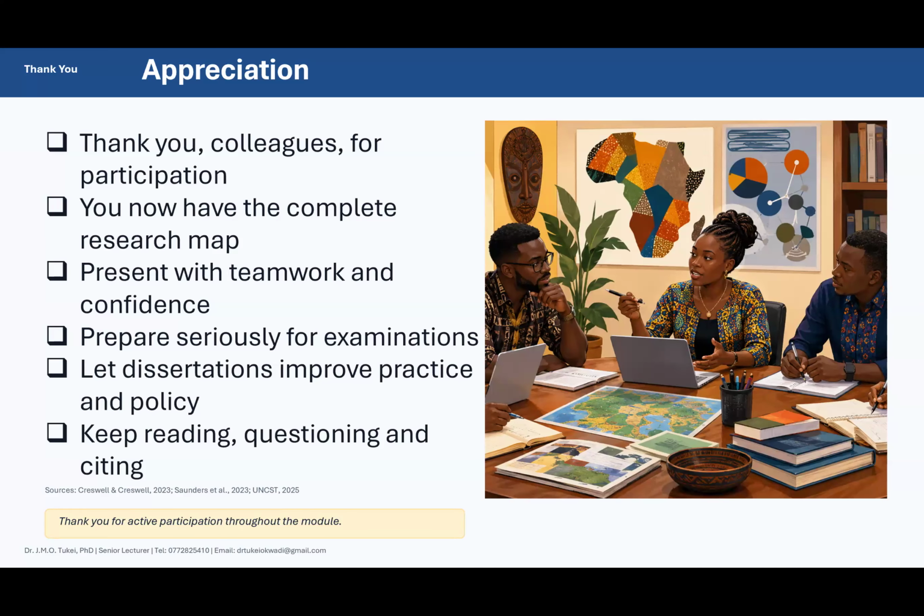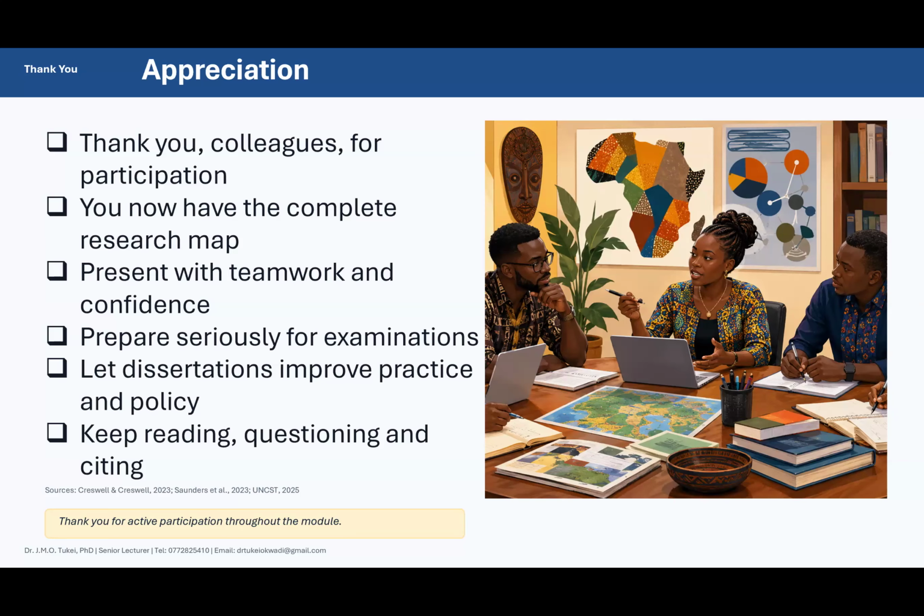The next step that you ought to have is disciplined practice. I'll mention this again. The next step that you must have is a disciplined practice. As you prepare for group presentation, examination and future research, remain confident but intellectually humble.